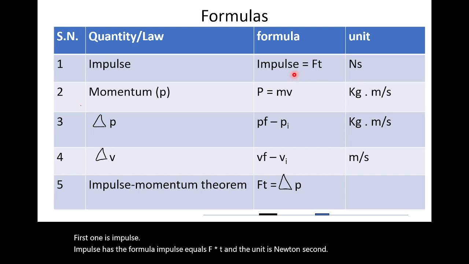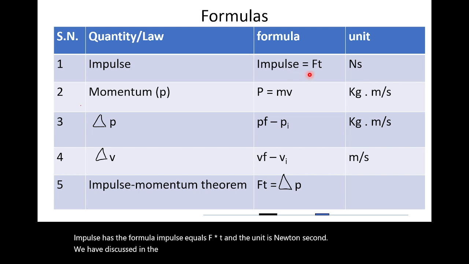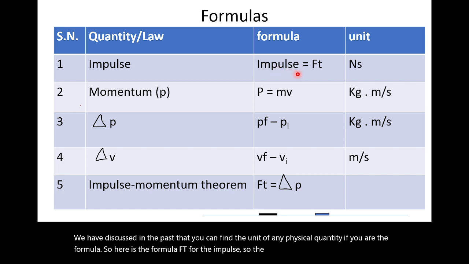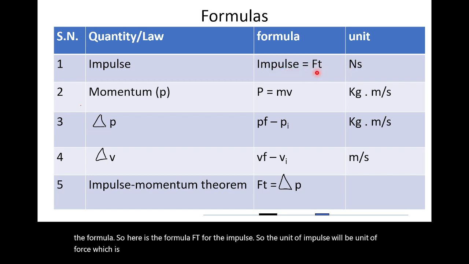We have discussed in the past that you can find the unit of any physical quantity if you know the formula. So here is the formula Ft for the impulse. So the unit of impulse will be unit of force, which is Newton, times unit of time, which is second. So impulse unit is Newton second.